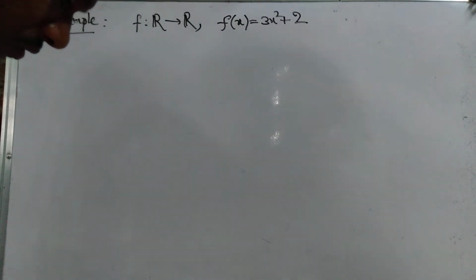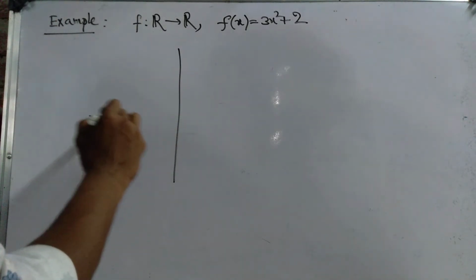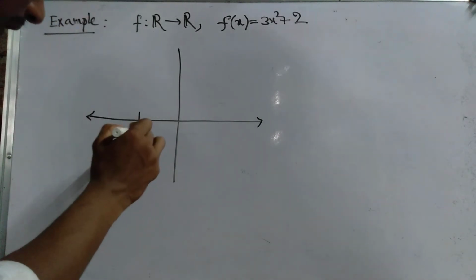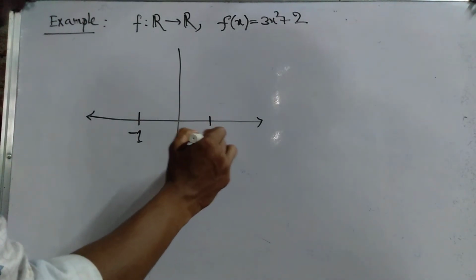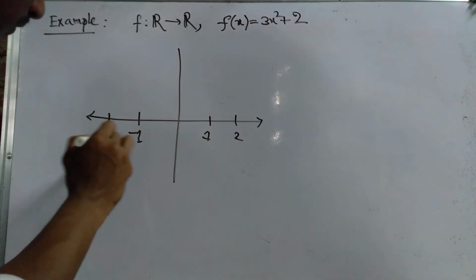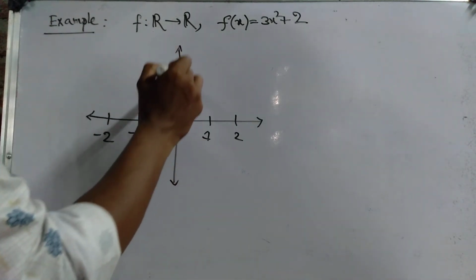Now we draw this figure: 3x squared plus 2, here -1, here 1, here 2, here -2, here 0, and we discuss this figure.